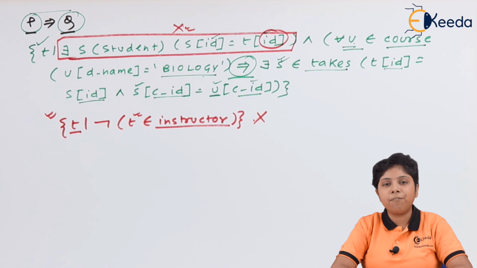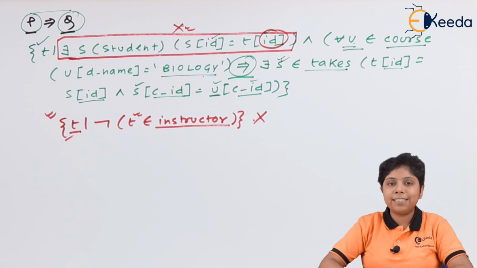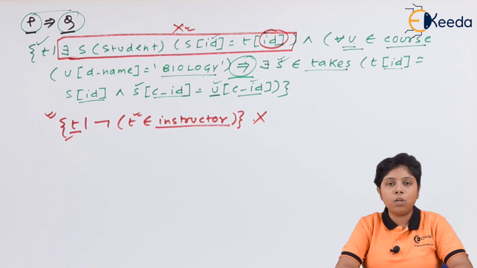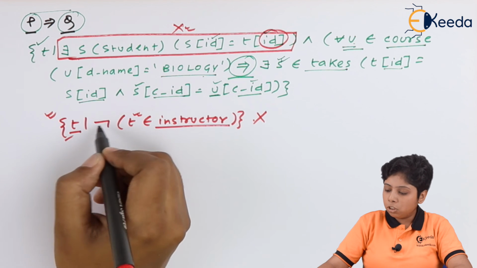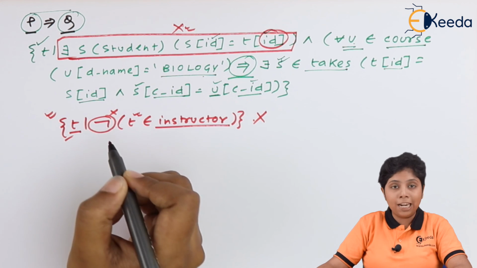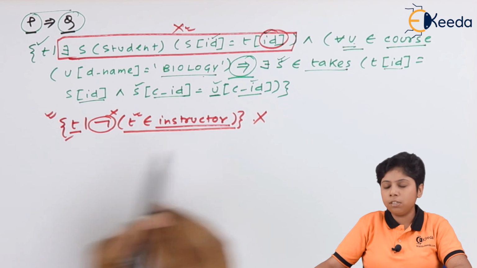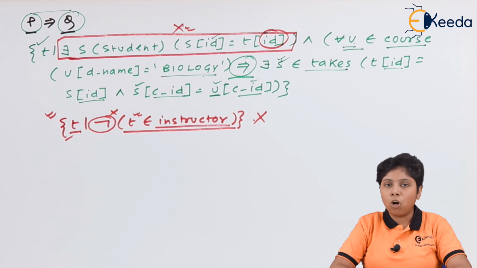So the safety that we need to mention in TRC is that a TRC expression is considered safe if and only if the tuple that we are checking as a predicate of some operation belongs only to the particular relation that we are checking. So this not operation is not allowed in this part of the TRC. So if it does not belong to a relation, we cannot just select that particular set of tuples.